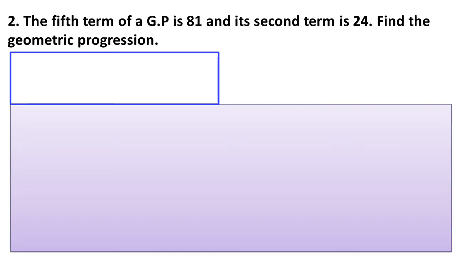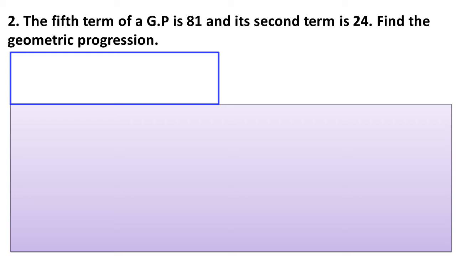Question number 2. The fifth term of a GP is 81 and its second term is 24. Find the geometric progression. Before we find the solution for this question, let us recall how we used to solve the problems of AP in such case.